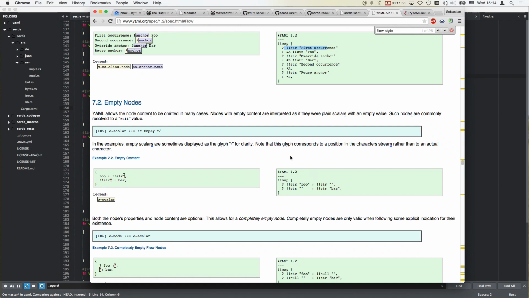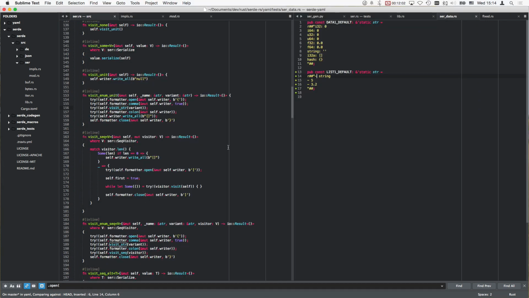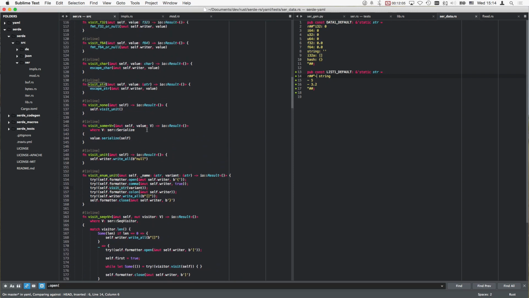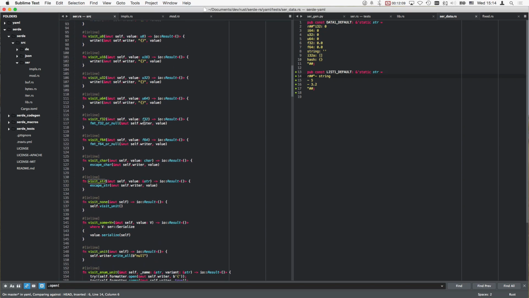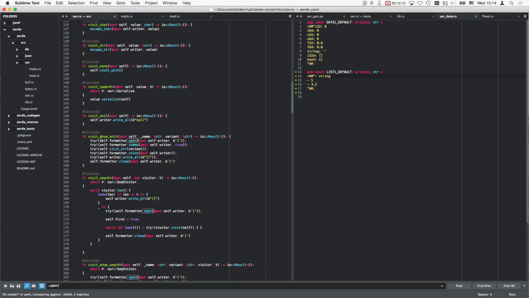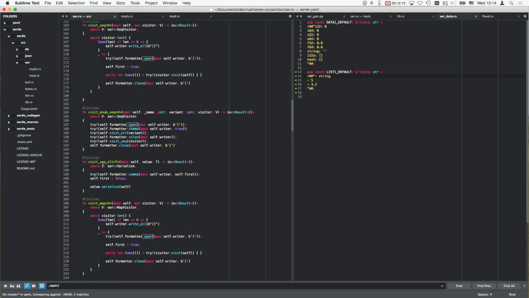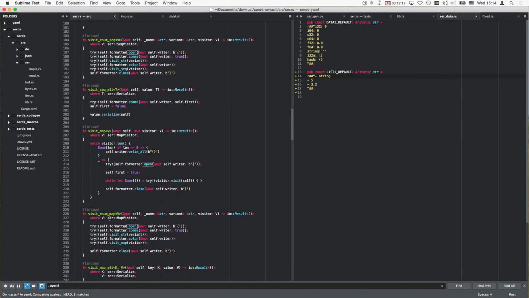Empty nodes. Yeah, this is something that might be difficult, because we don't provide, or visit map element. Wait a second. Visit map element.